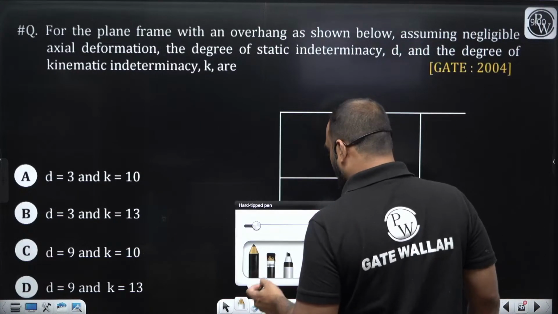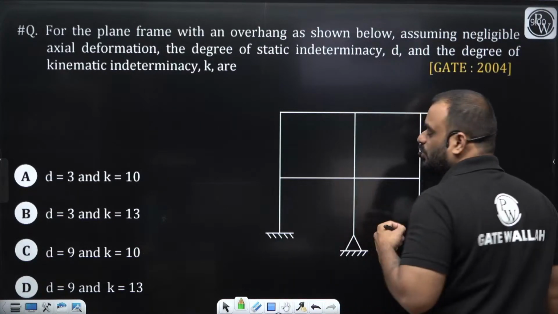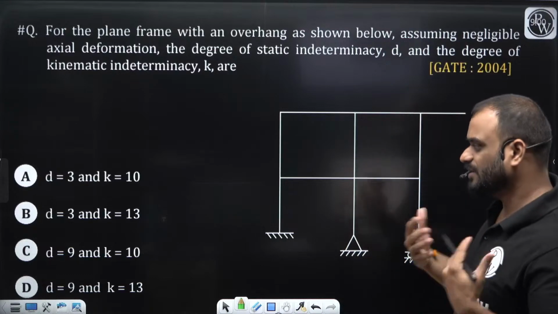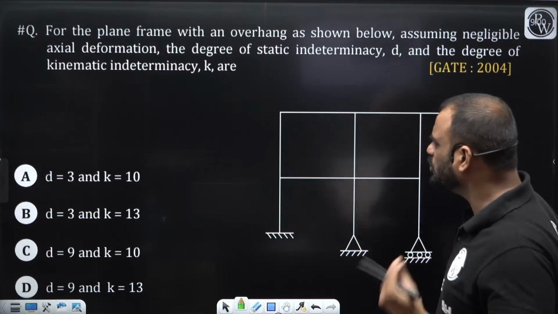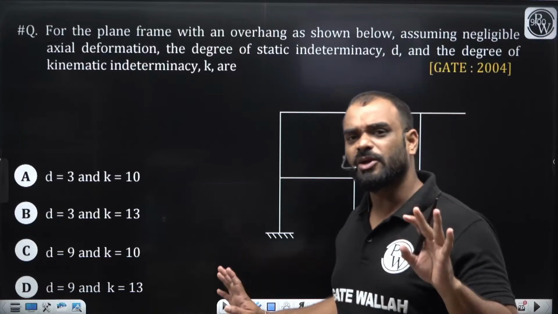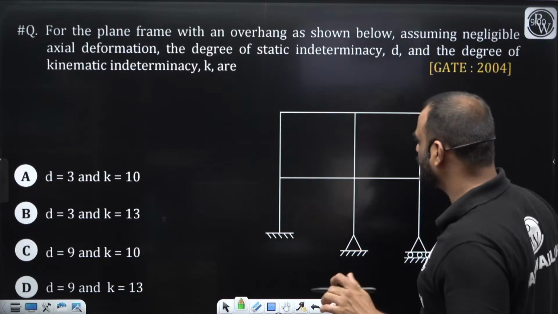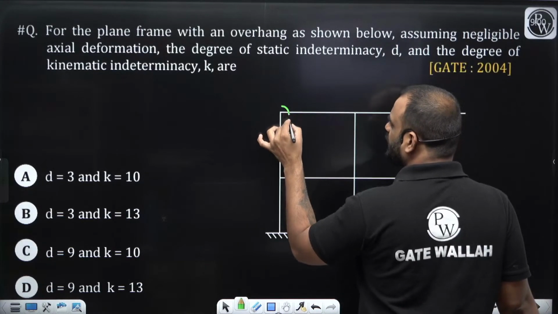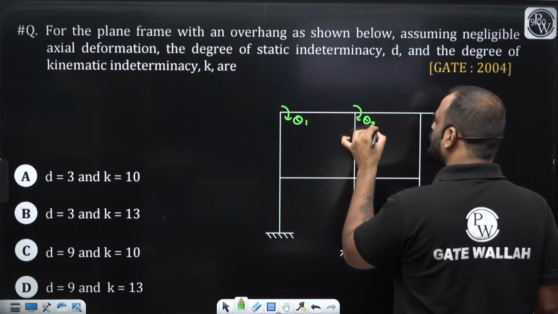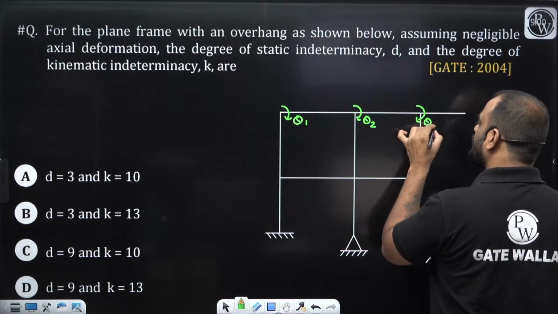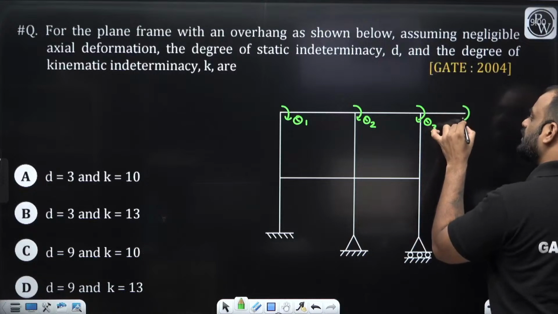Okay guys, now I will tell you another way to calculate the DK for this particular structure. Listen very carefully. So guys, we will not use the formula in this case. We'll try to draw it on the structure itself. So we know that this particular joint can rotate theta 1. This joint can rotate theta 2. This joint can rotate theta 3. This particular end is a free end.